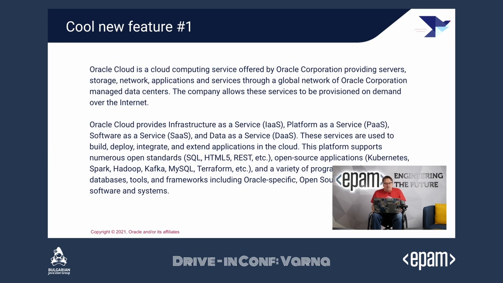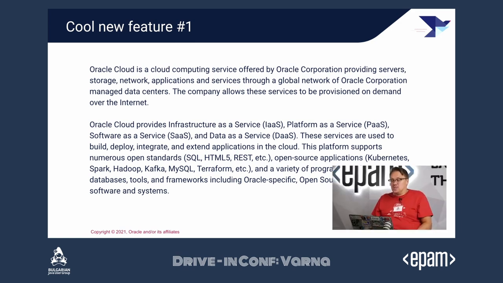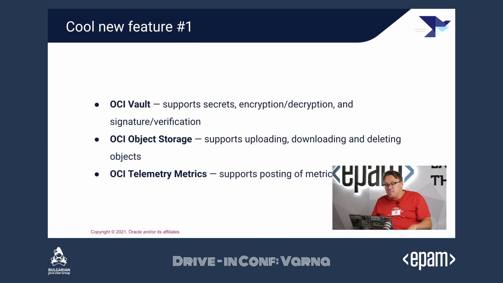And what is OCI? It's a really massive and wonderful cloud infrastructure providing services like IaaS, PaaS, SaaS, data as a service, and it all comes at reasonable prices, I guess. Since we are a first-class citizen, we decided to make really cool integrations with it. First of all, OCI Vault, OCI Object Storage, and OCI Telemetry.